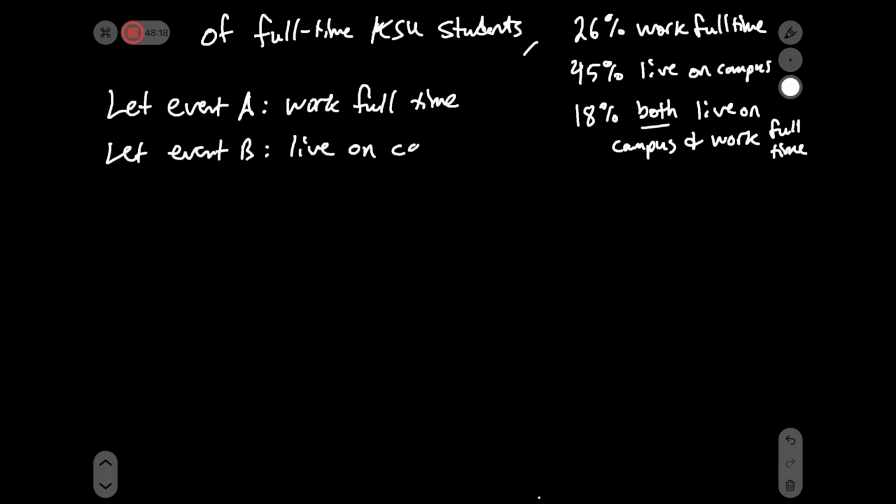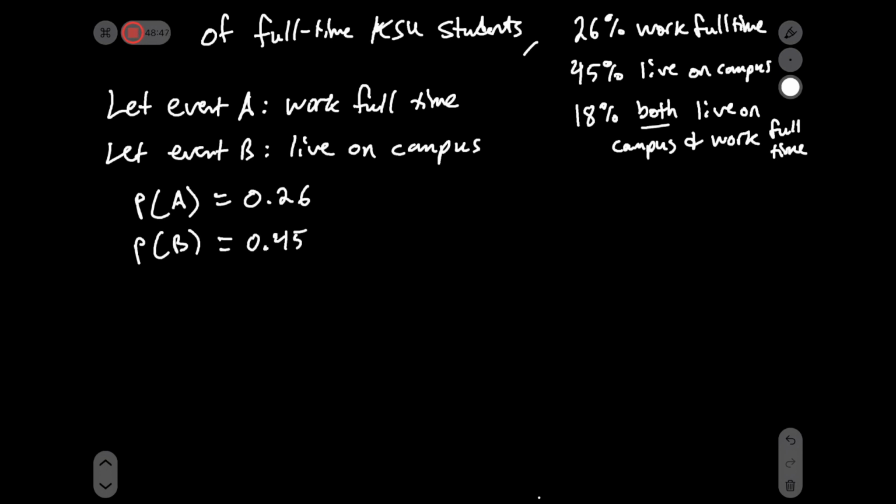All right, so the probability for a full-time KSU student to work full-time is 0.26. The probability of a full-time KSU student to live on campus is 0.45.